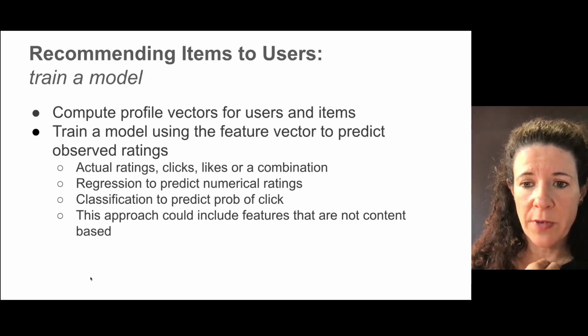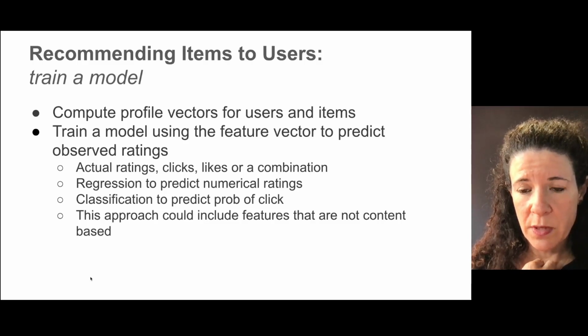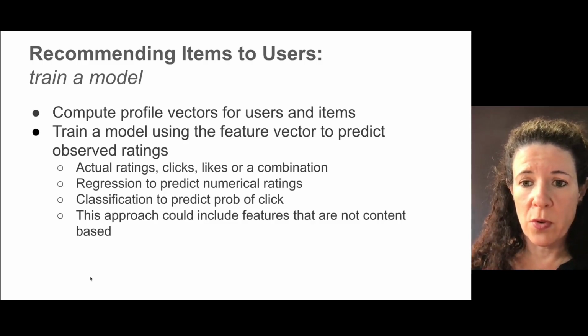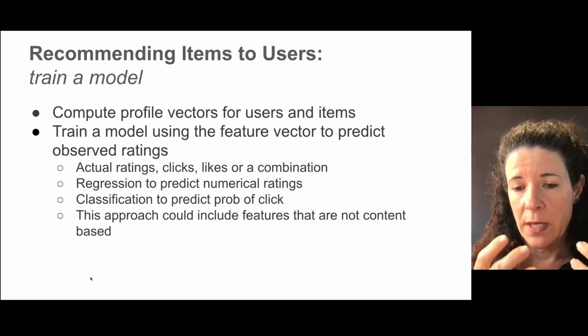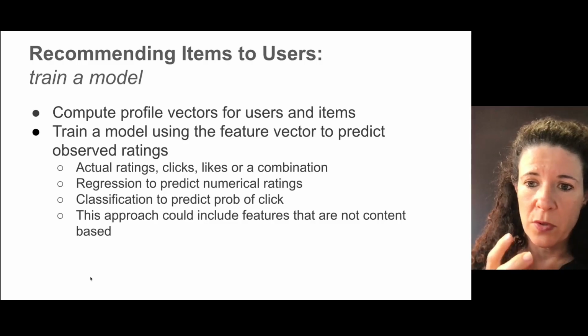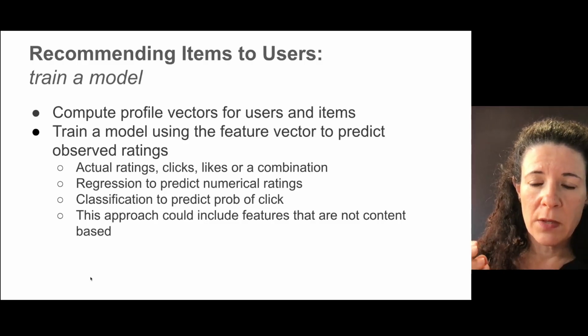You have a lot of features about the item, lots of features about the user, and then you have a rating. So one thing you can do is to train a machine learning model, for example, a random forest or logistic regression, or whatever regression you want, to predict that rating.